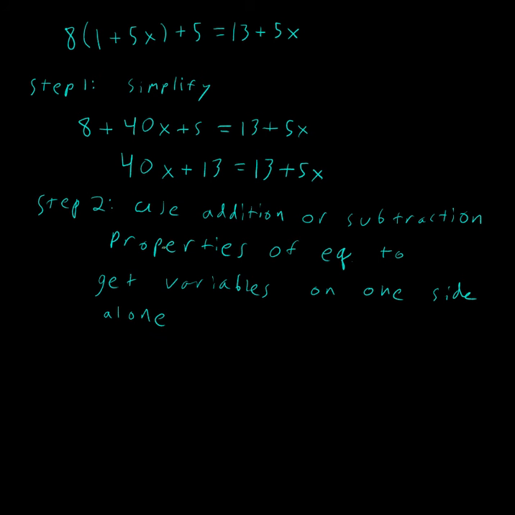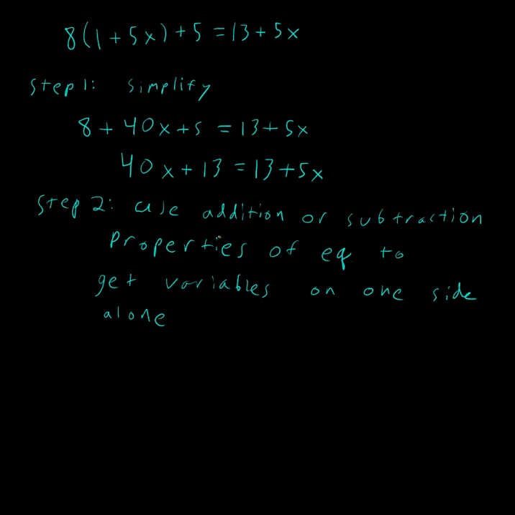So we want our variables to be all on one side, and we want them to be alone. We don't want anything that doesn't have variables to also be on that side. So what do I mean by that? If we take this equation and we perform step 2, we would want to get all of our variables on one side. So let's move all of our variables to the left.